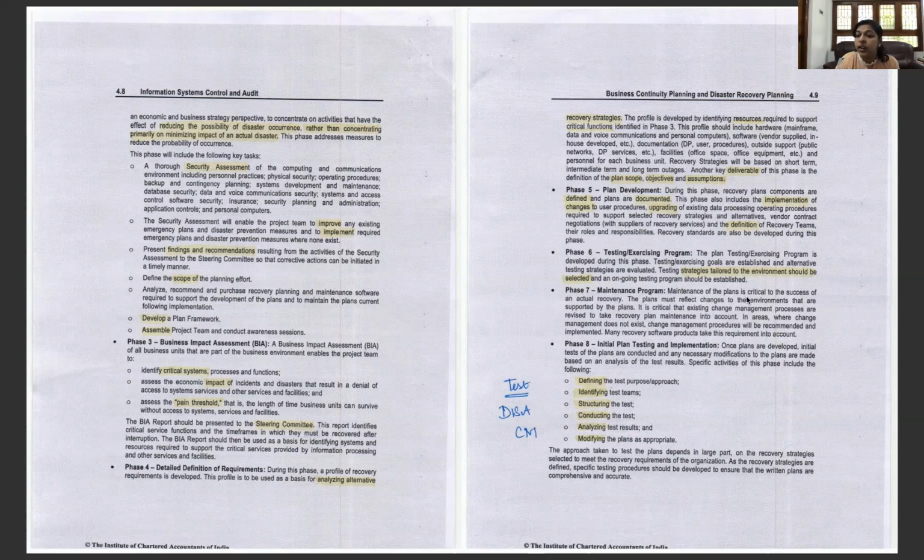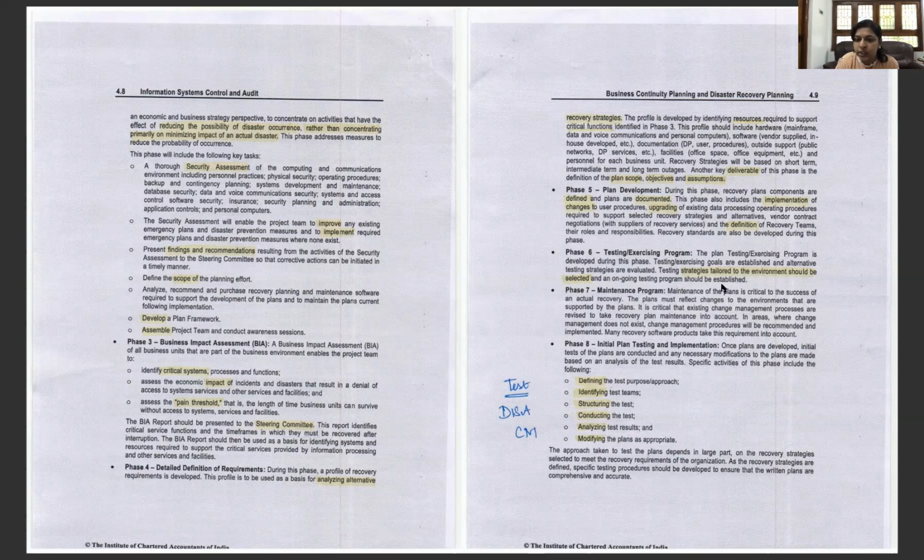It is critical to the success of the actual recovery. The plan must reflect changes to the environment. Everything is evolving around us, and this plan should also reflect the changes. In areas where change management does not exist, change management procedures will be recommended. If there is no change management process, it should also be implemented.